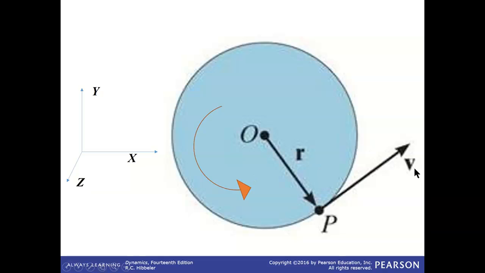So v is equal to omega r, and the direction of v is always perpendicular to the position vector, and it points in the direction of rotation. So if the position vector is r as shown in the slide, then v is 90 degrees with respect to r, and it points towards the direction of rotation, that is towards the right.